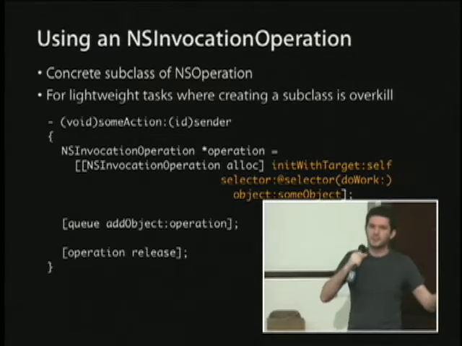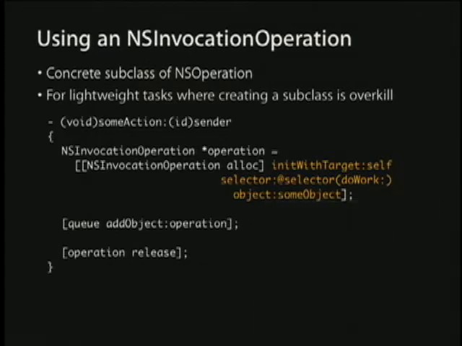So if you don't have a lot of objects to associate with it or a lot of data and you can sort of group it all up in one object, you can just use an NSInvocationOperation. So you don't have to subclass. You specify the target to do the work, the selector to get called, and the object to be worked on. And then you'll just add that to your queue like you would with subclasses of NSOperation.